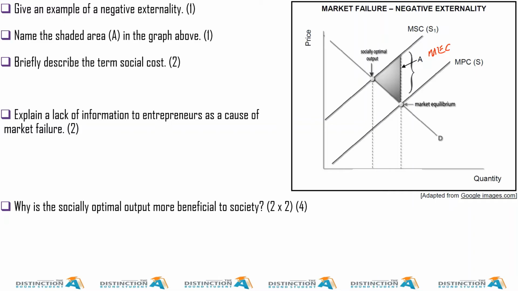And we all know that marginal private cost plus marginal external cost gives us marginal social cost. And we also know that when marginal social benefit is equal to marginal private benefit, then we say it's optimum resource allocation.